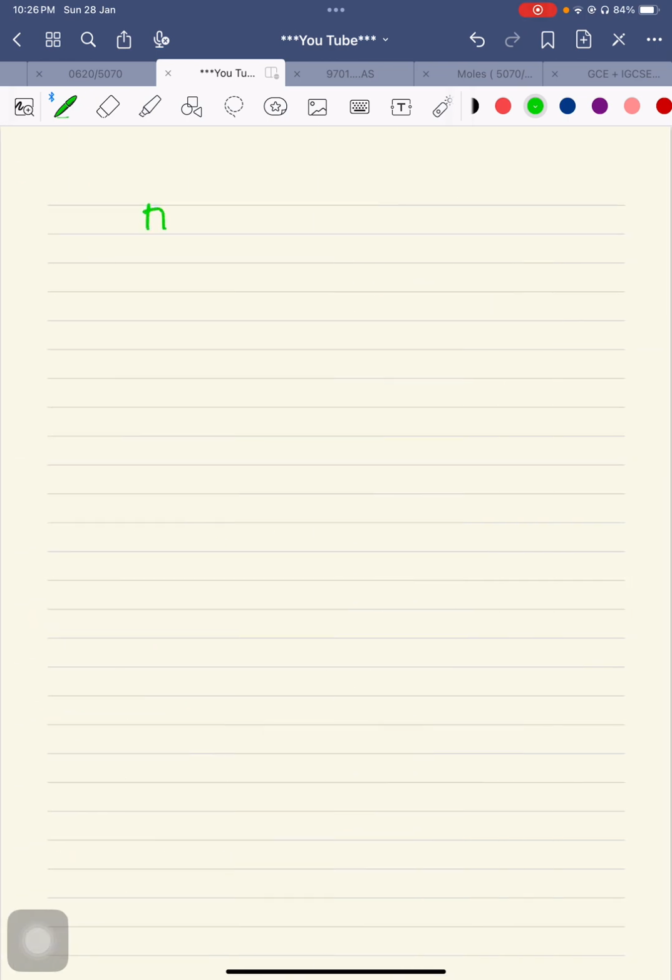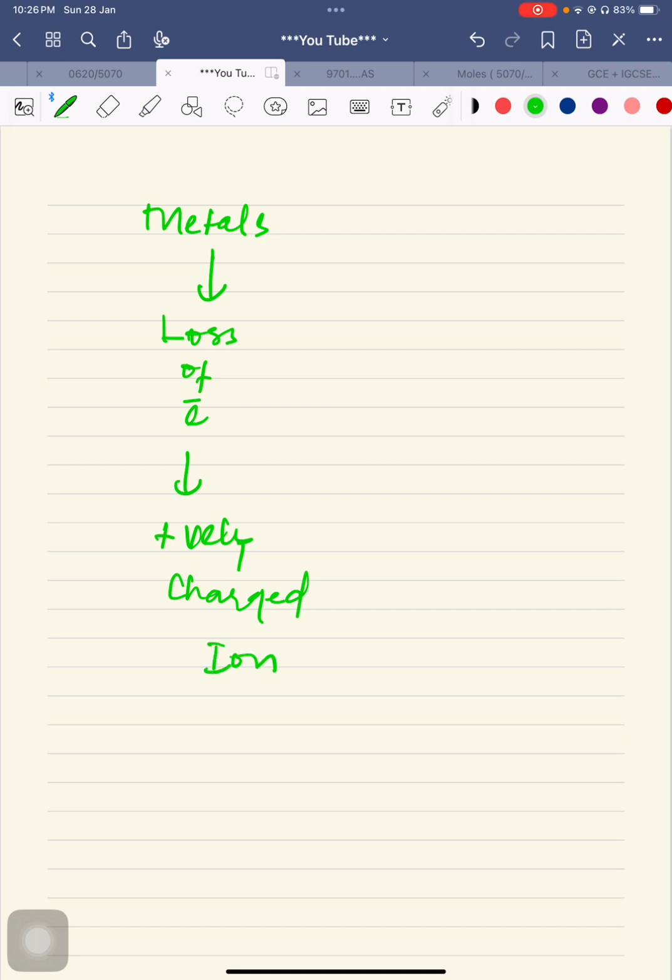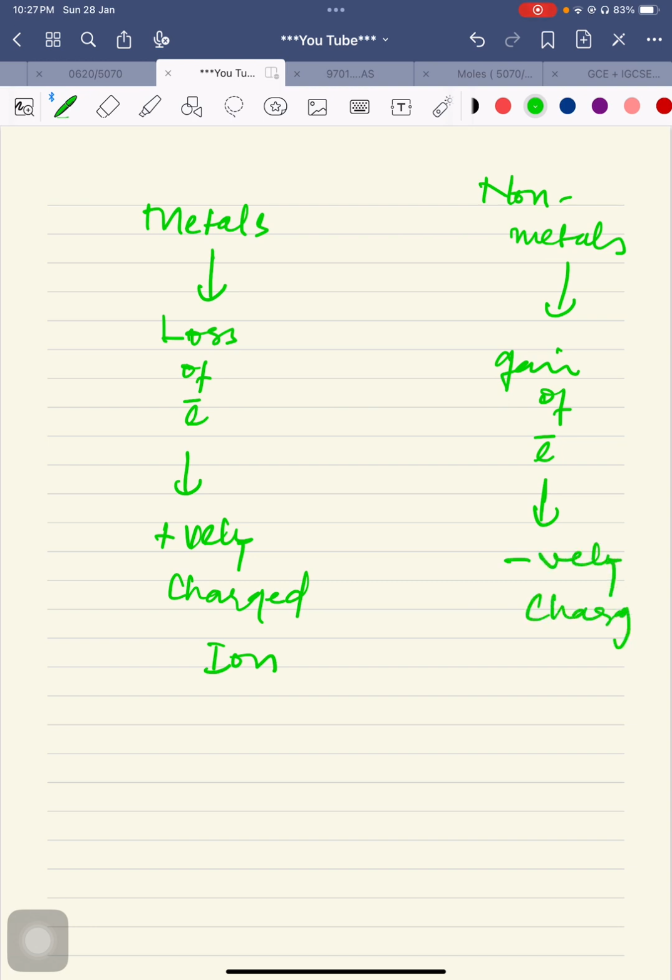So metals are undergoing loss of electron, and hence a positively charged ion is formed. What about the non-metals? Non-metals are undergoing gain of electron and they are forming negatively charged ions.